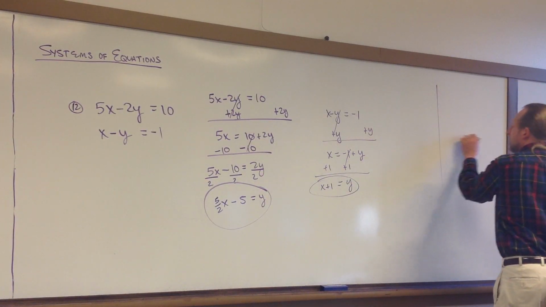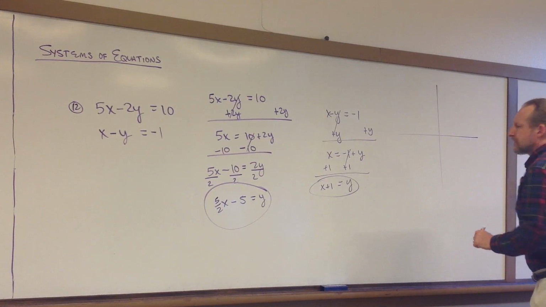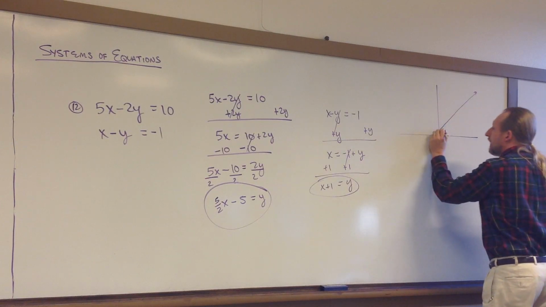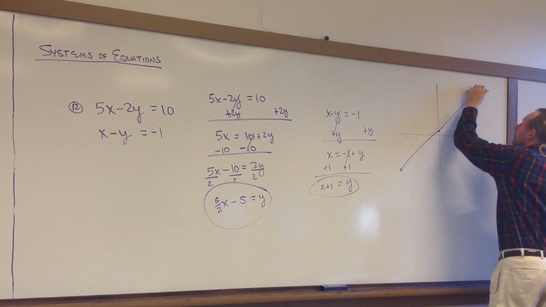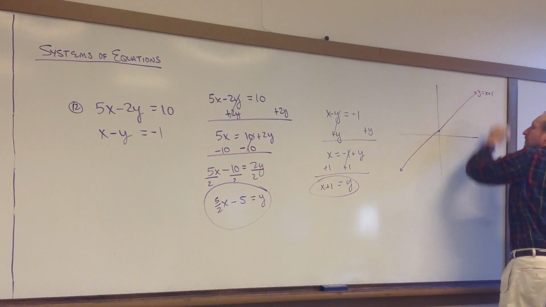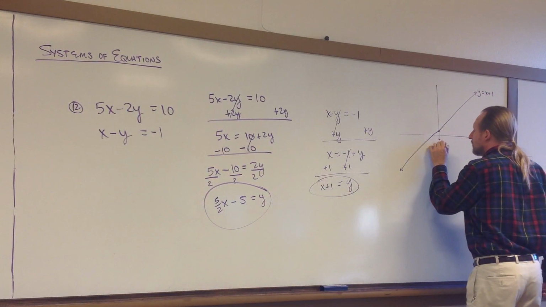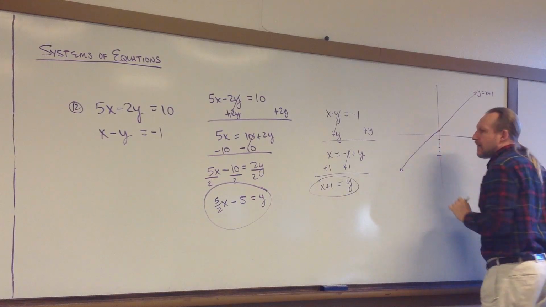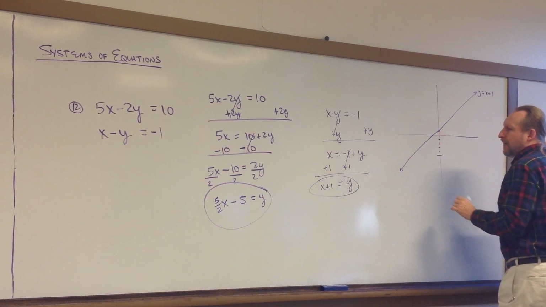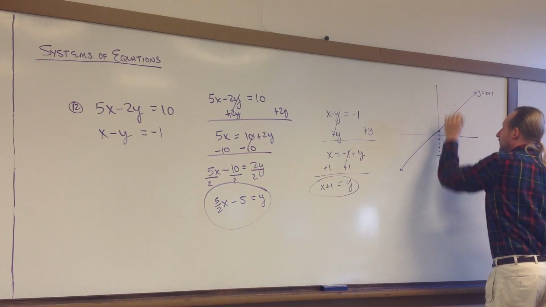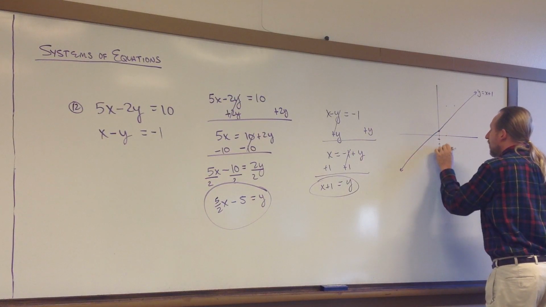I'll draw a sketch over here. Let's see, x plus 1 is just going to look like that. And then 5 halves x minus 5. Let's see, 1, 2, 3, 4, 5. And then 5 halves will take us up 5 and over 2, and up 5 and over 2.